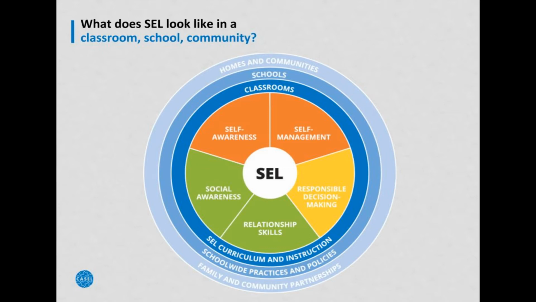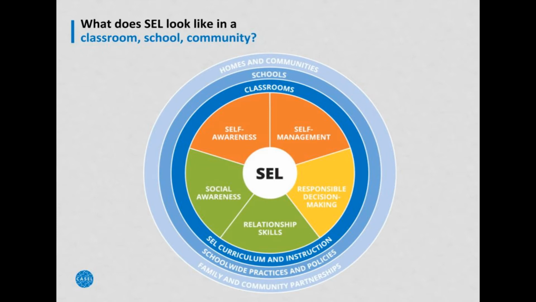If you look, there are 2 competencies at the top in orange, and those are self-awareness and self-management. Then there are 2 in green, social awareness and relationship skills. And then there's 1 in yellow, and that's responsible decision-making towards the right there.